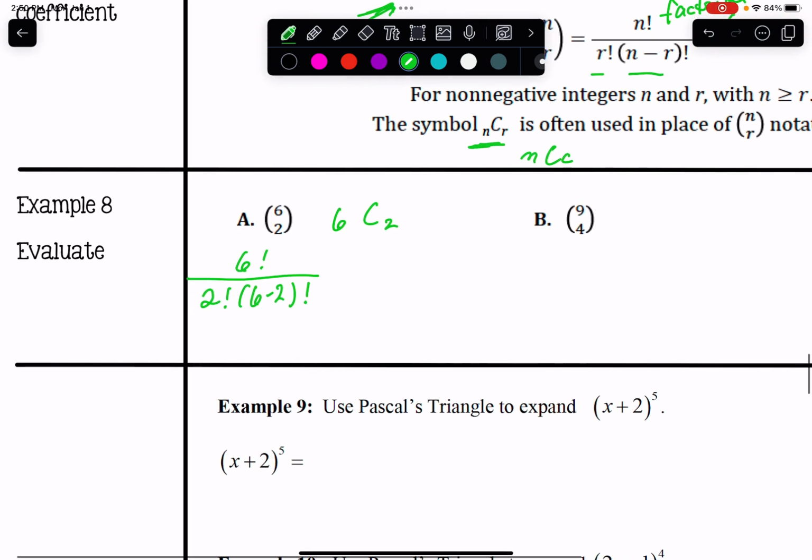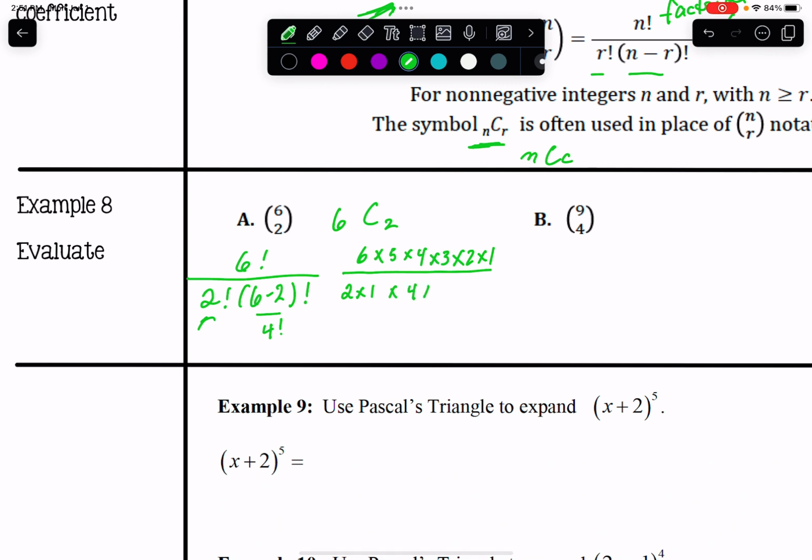Now, what is 6 factorial? It is 6 times 5 times 4 times 3 times 2 times 1. You also have a factorial button on your calculator. This would be 2 times 1 for 2 factorial, and this is 4 factorial, so that'd be 4 times 3 times 2 times 1.